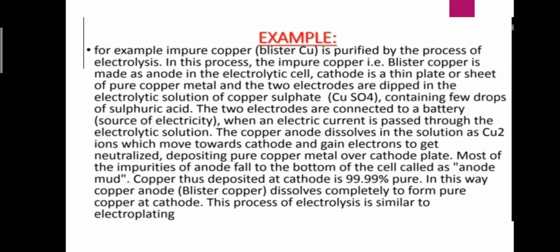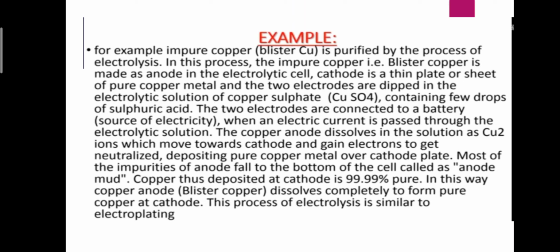Now the example. For example, impure copper blister is purified by the process of electrolysis. In this process, the impure copper, that is blister copper, is made as anode in the electrolytic cell.